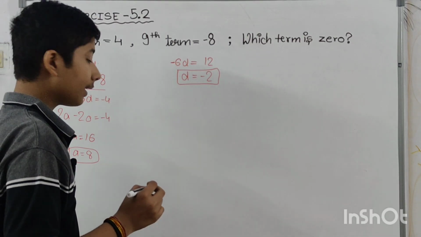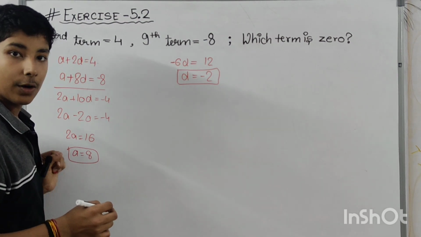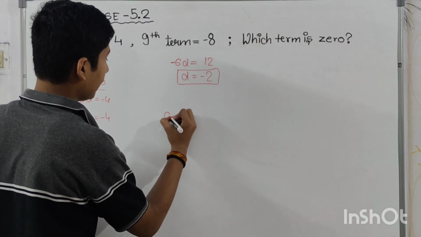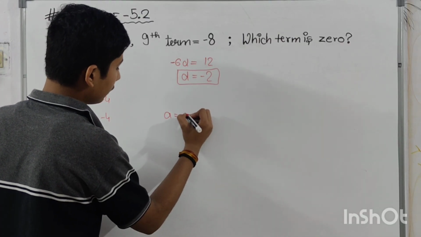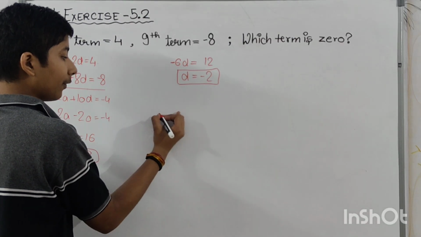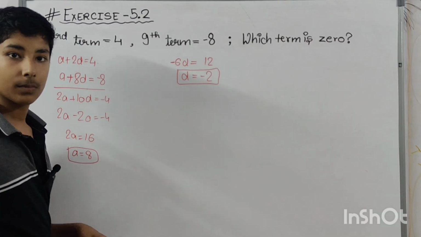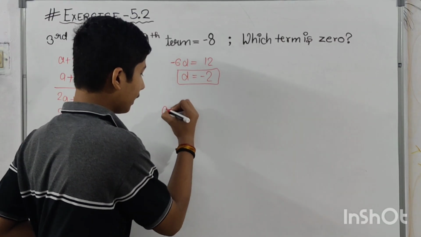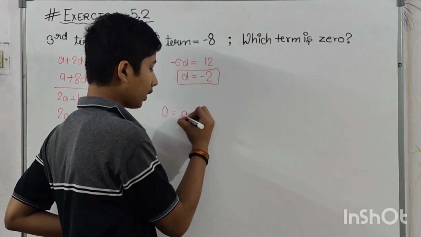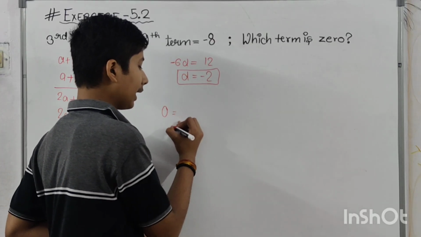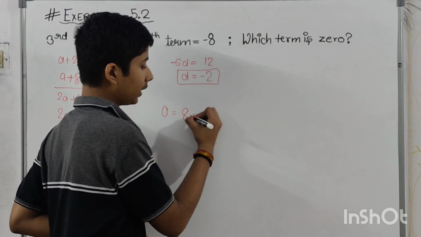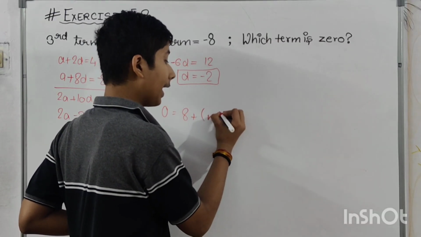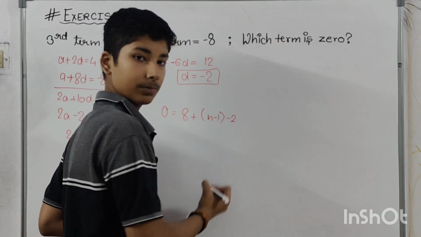Now a is there, d is there, so we can find our first term. a equals the first term, so 8 is the first term. Now we have to find which term is 0. So an equals 0, where a is 8, plus (n minus 1), and d is minus 2.